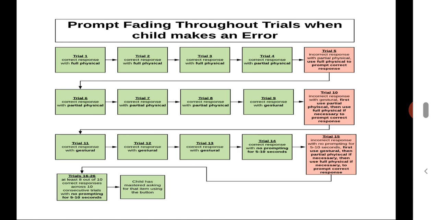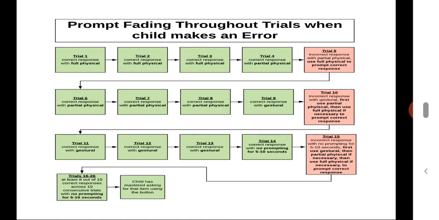Maybe they touched the one right next to it, or they didn't get anywhere near it. That's when you fade in the more intrusive prompt, which was the one we were using before, the full physical prompt. So we use our full physical prompt to correct the response and give them the thing that they asked for. Then when we go back to trial 6, we're starting all over, trying to get 3 times in a row of them touching the correct button with partial physical.